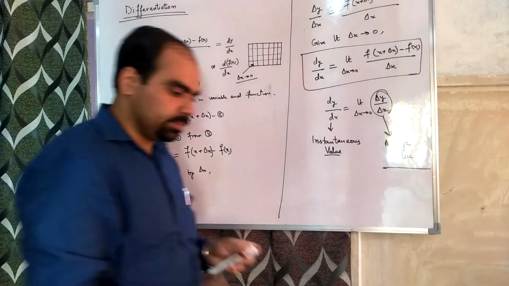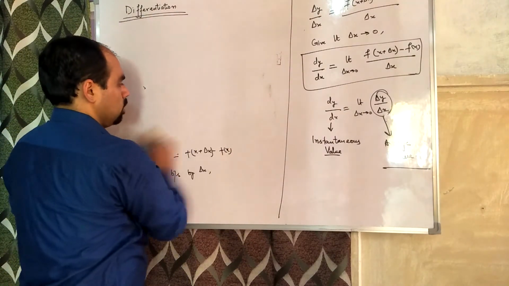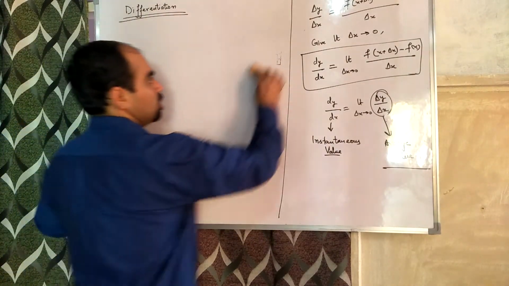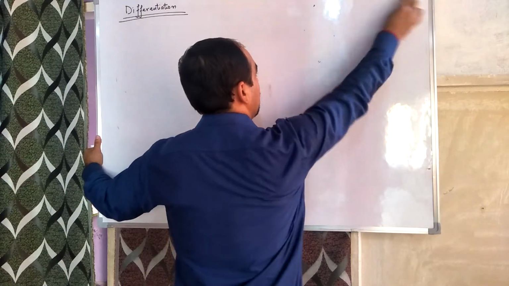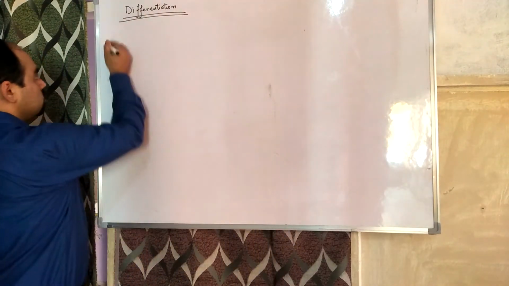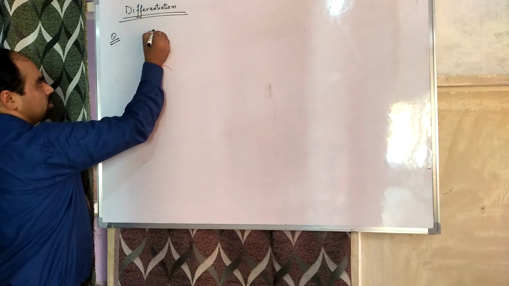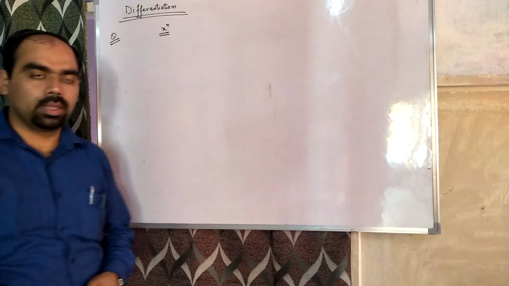Let's take an example. A general case of a variable which is raised to certain powers. The power is an integer number, and it's a general case of functions which are represented by powers of x. We are having this as a function, x raised to power n.